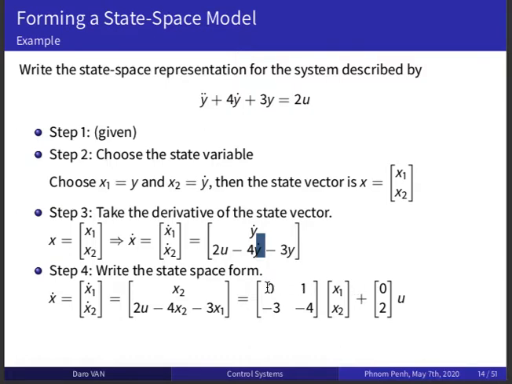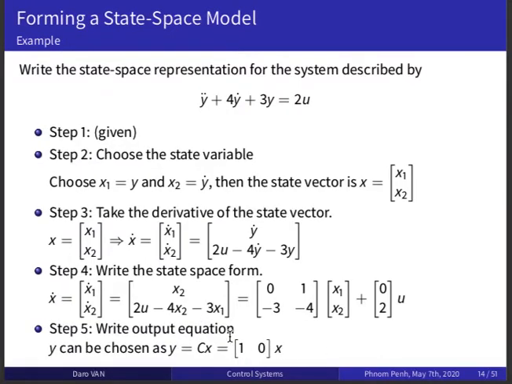If you multiply this row with this column, you will have x2, and if you multiply this row with this column, you will obtain this, and the final term is this 2u right here. So this is Ax plus Bu. This is matrix B, this is matrix A, and then write the output equation.